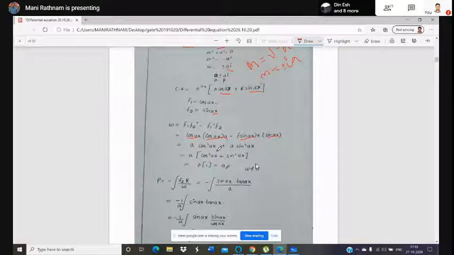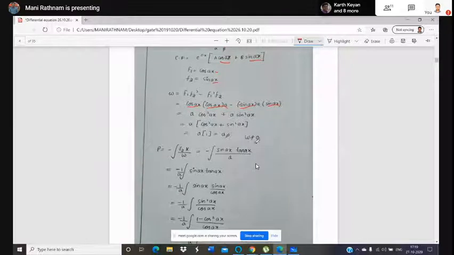Cos square ax plus sin square ax becomes 1, so the Wronskian w equals a, which is not equal to 0. It represents that the Wronskian is always a non-zero term.